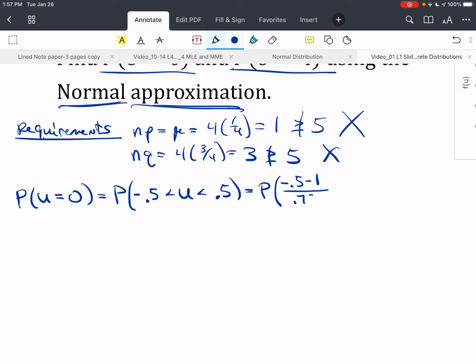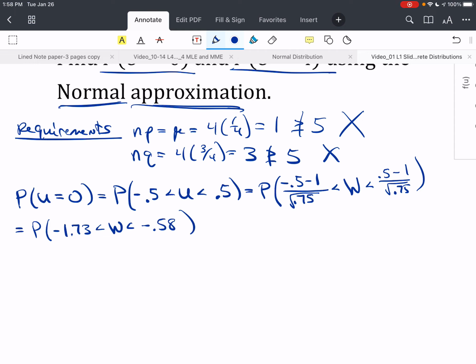The variance was 0.75, so we take the square root of that. And then we transform u the same way. We're going to get w, and then we have plus 0.5 minus np over the square root of npq, which is 0.75. And then this is equal to the probability that w is between negative 1.73 and negative 0.58.